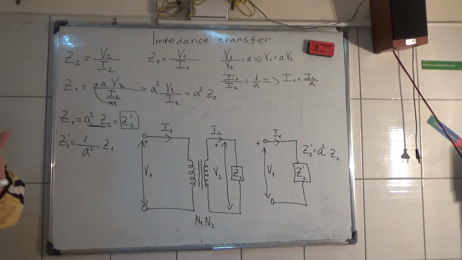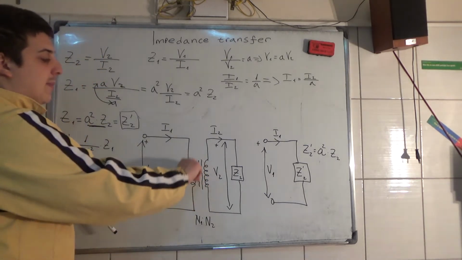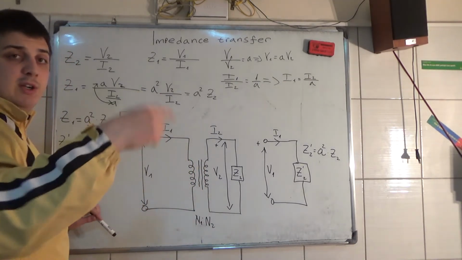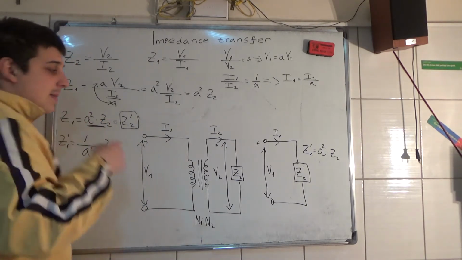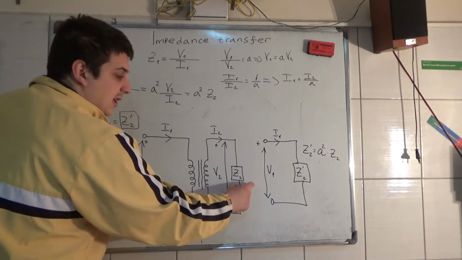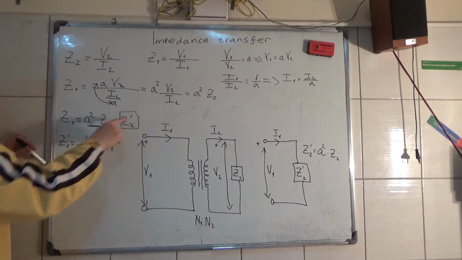Now, why do we do this impedance transfer? Well, for example, here we have a transformer. These two bars represent the magnetic bars, the legs of the magnetic circuit, the tightly coupled ferromagnetic material. Now, with this impedance transfer, we can transfer this Z2 to the primary side, which is equal to Z2 prime.